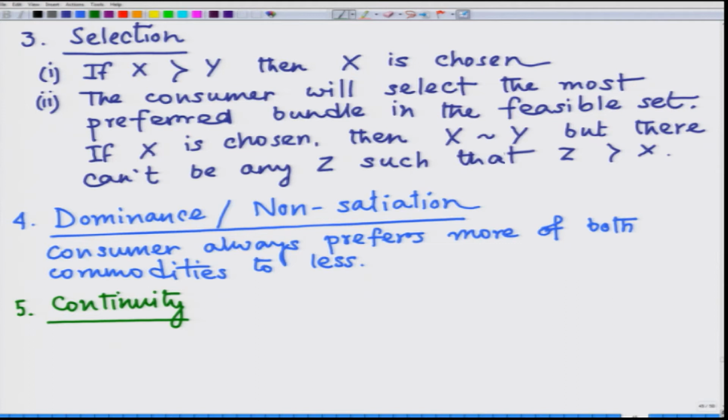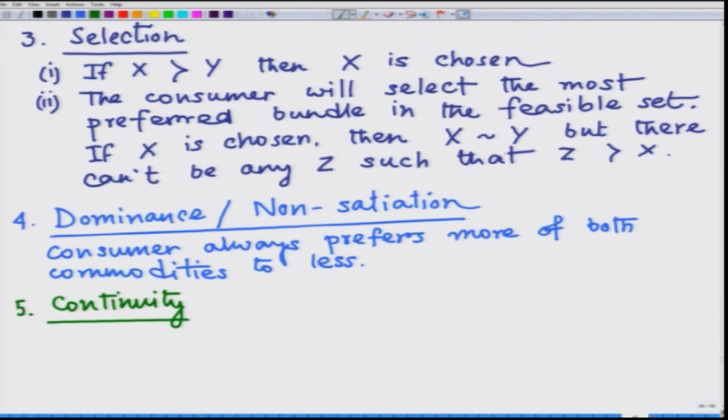It means that there exists a set of points on the boundary which divides the commodity space into less preferred and more preferred areas, such that the points on this boundary are indifferent to each other. So, basically these are commodity bundles, right.